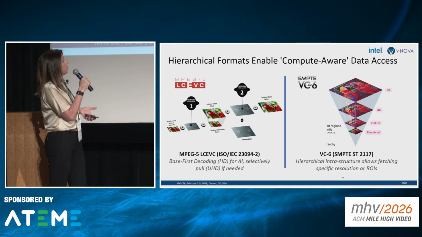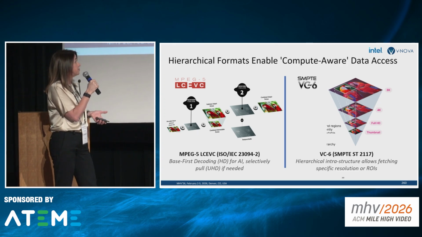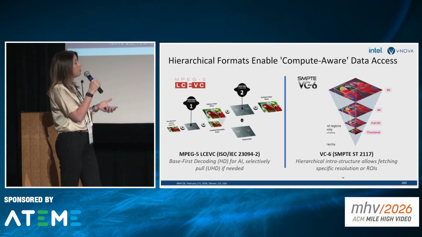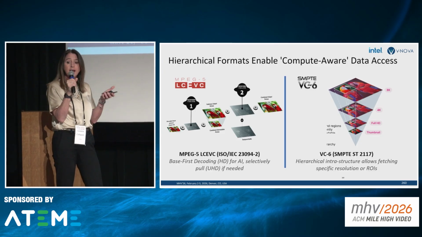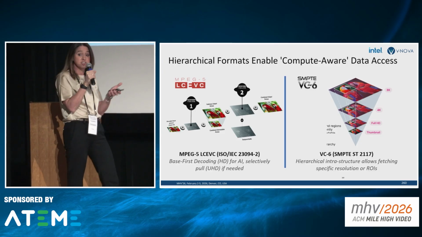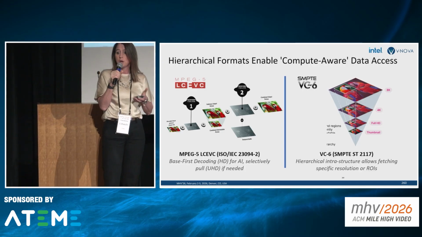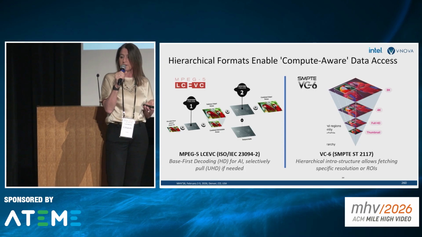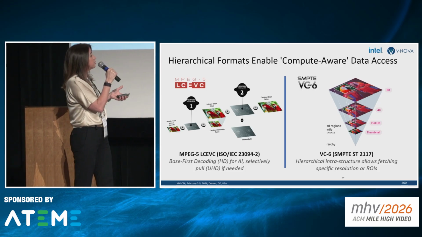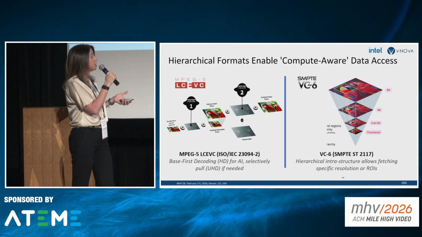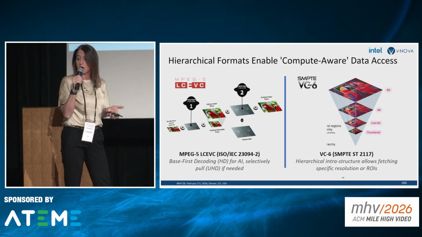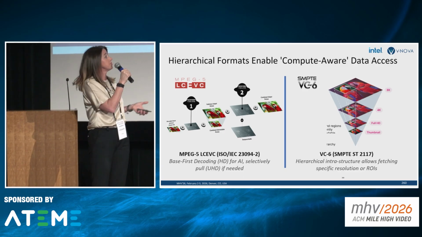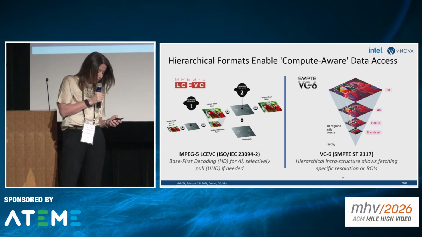There's a second approach, which is VC-6, which is a more flexible option, is fully hierarchical, and it's intra-frame, and it includes several layers of details that can be selectively accessed. And not only that, but it also allows you to fetch specific resolutions, specific color planes, and even specific regions within each of the levels of quality.